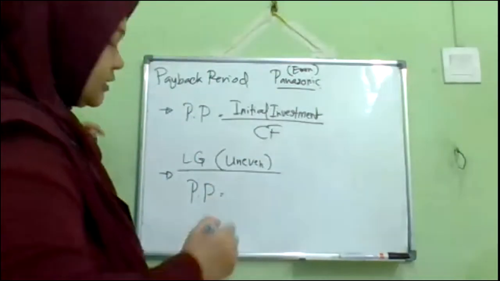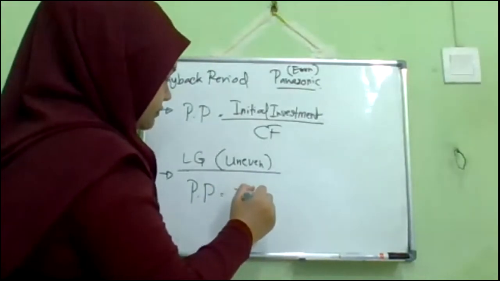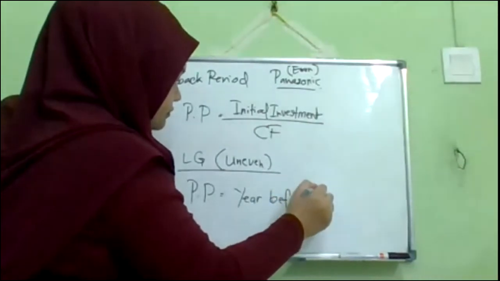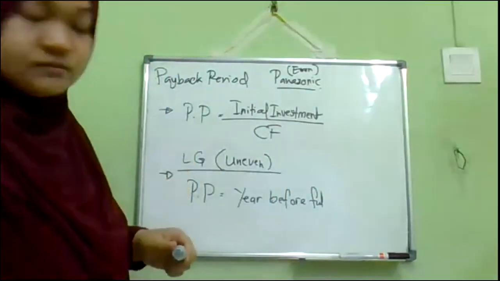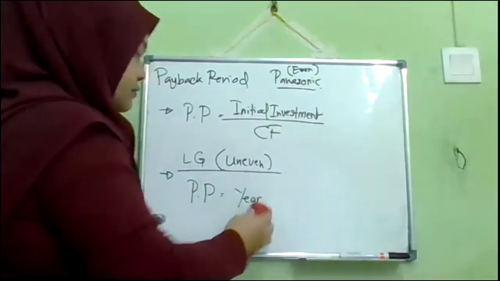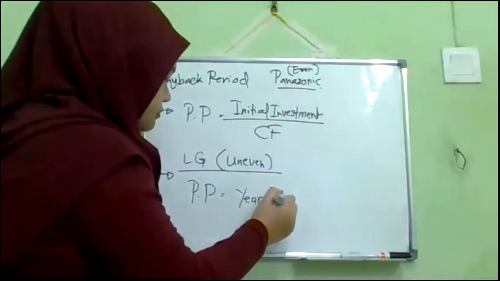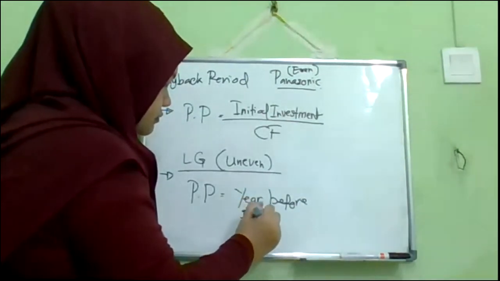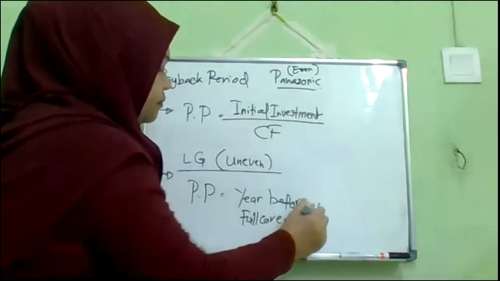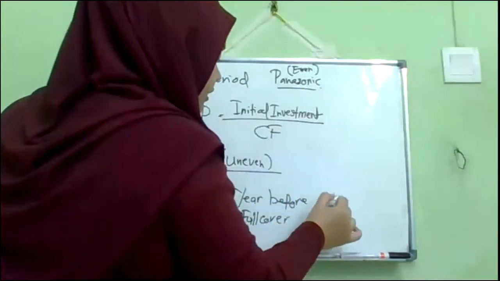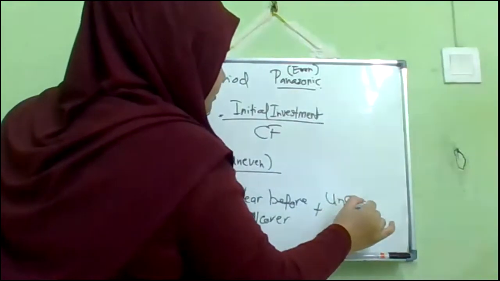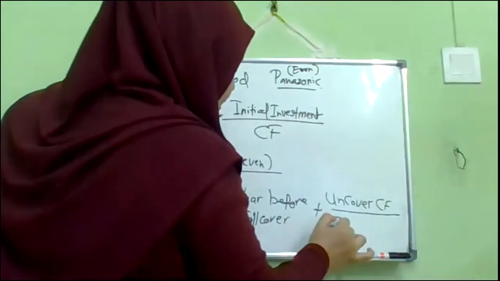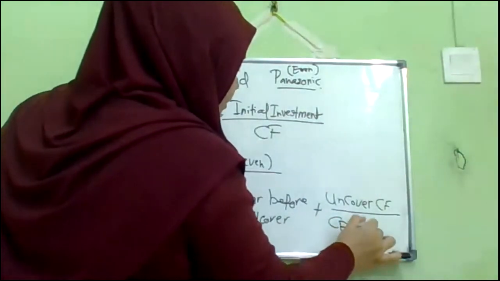It is the year before full cover, plus uncovered cash flow, divided by cash flow of the year.